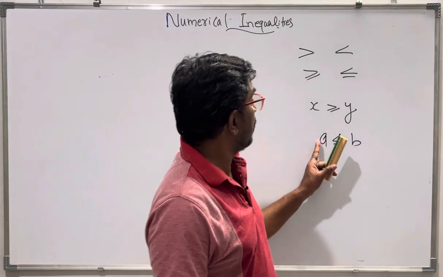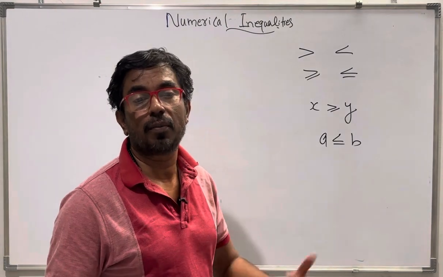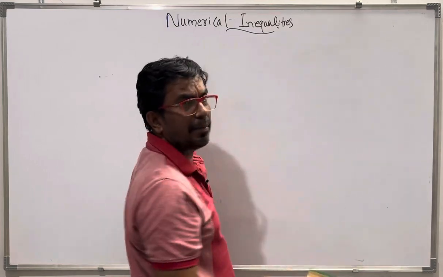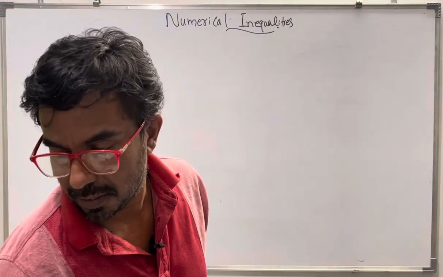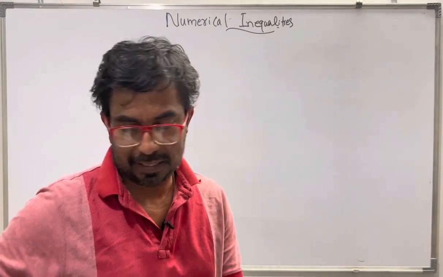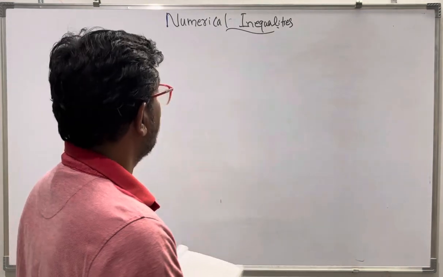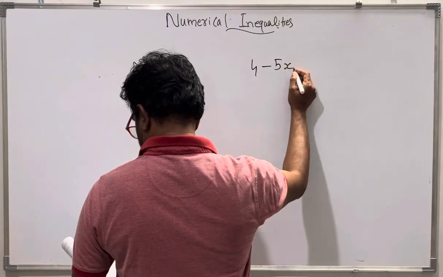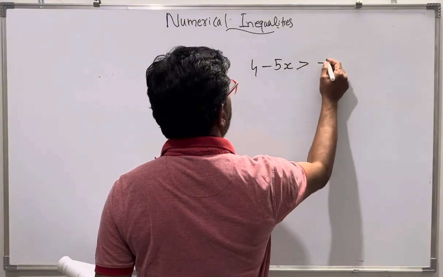So we will look into solving some inequalities. Just to understand this, let me write some examples which will help you. I am not doing many questions. So for example, I write 4 minus 5x greater than minus 11.